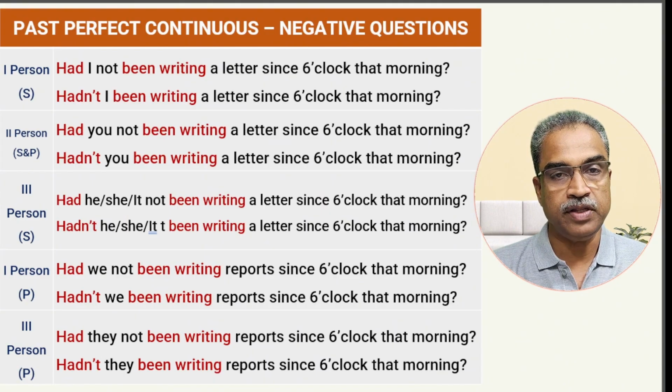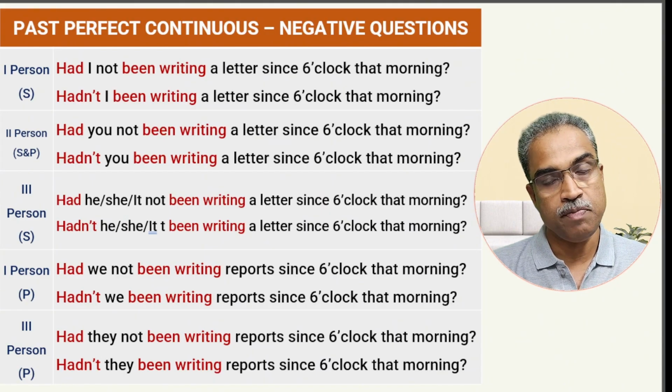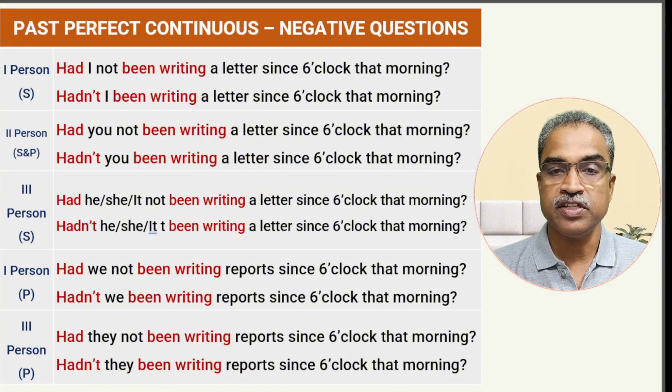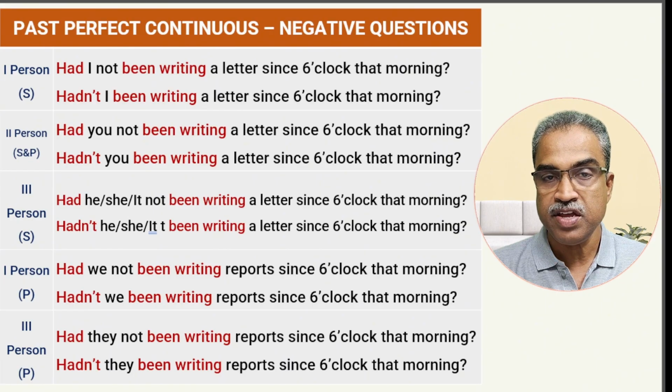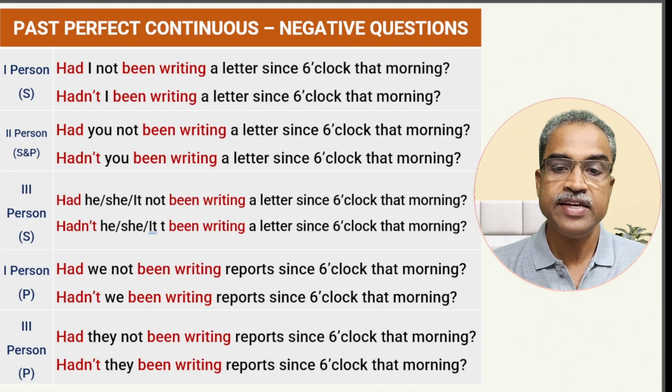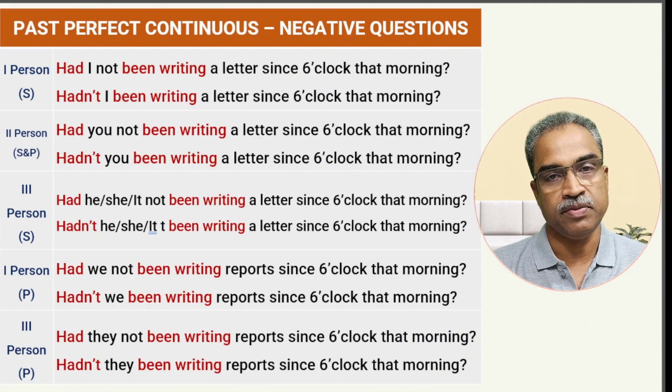There is no change, same thing. Had he not been writing? Had she not been writing? Had it not been writing? Because these are negative questions. And if you are contracting that, it becomes hadn't he been writing? Hadn't she been writing? Hadn't it been writing? You could ask both ways, whichever you like.